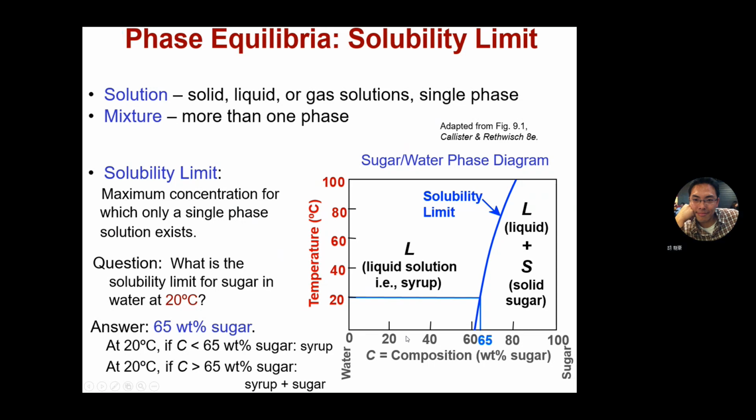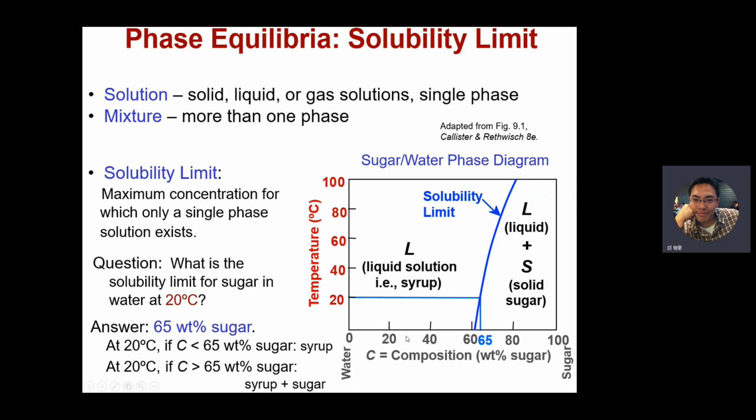How do we plot the phase diagram of sugar and water? The phase diagram is composed of temperature and the composition of sugar and water. It's kind of a high school chemistry course.